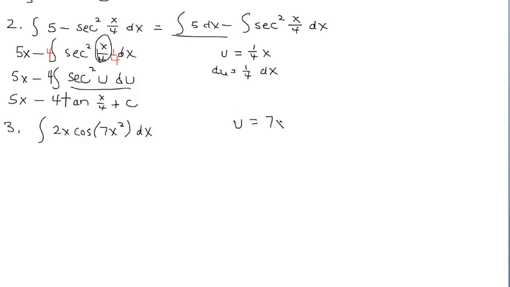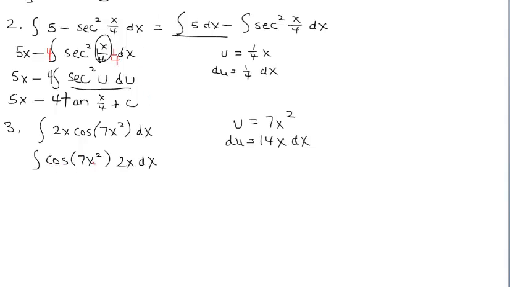Okay, so let's let u be 7x squared. du is 14x dx. Let me rearrange this. All right, let's think of the adjustment that needs to be made with the constant multiplier.